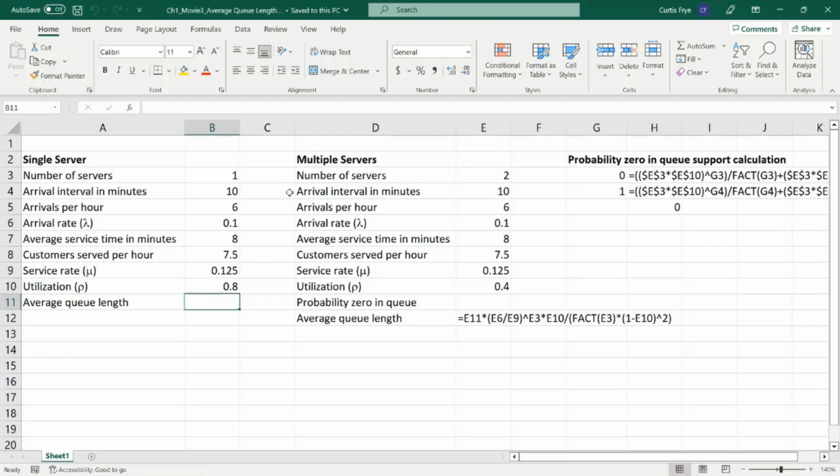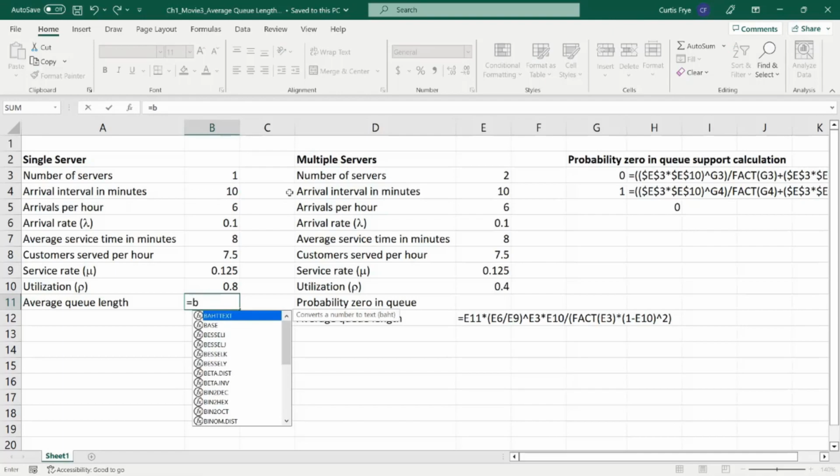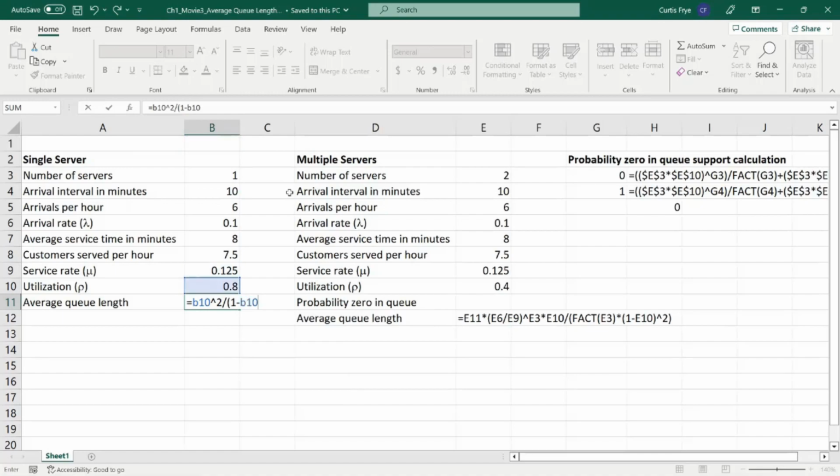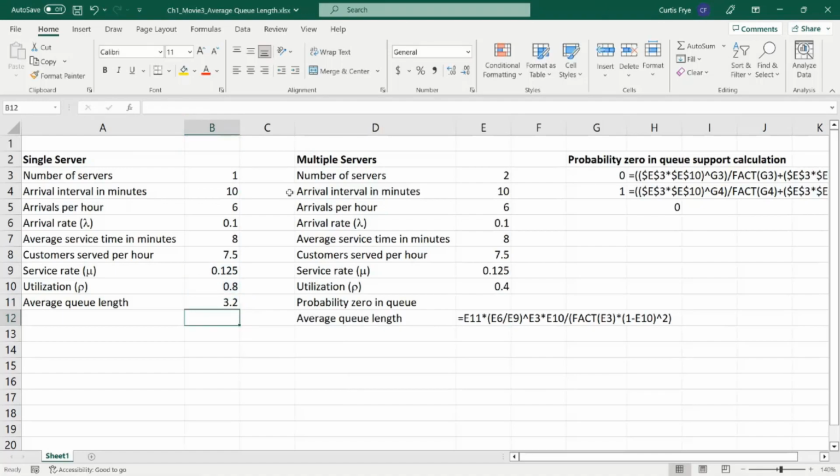So in B11, I'll type equal, then the utilization is in B10, caret 2 to square it, and then divide by 1 minus the utilization, B10, and enter, and we get an average queue length of 3.2.